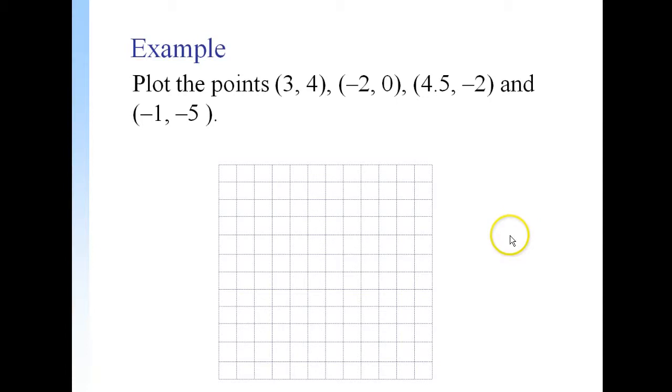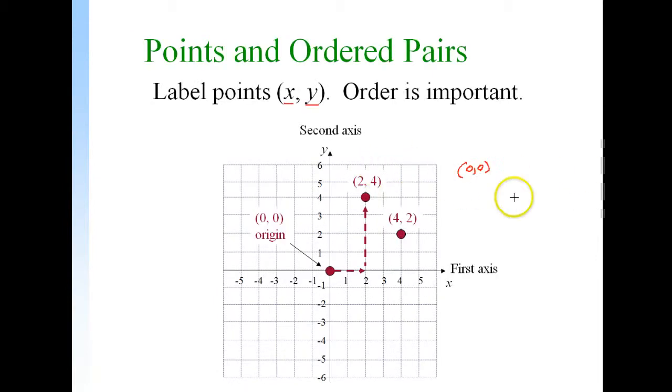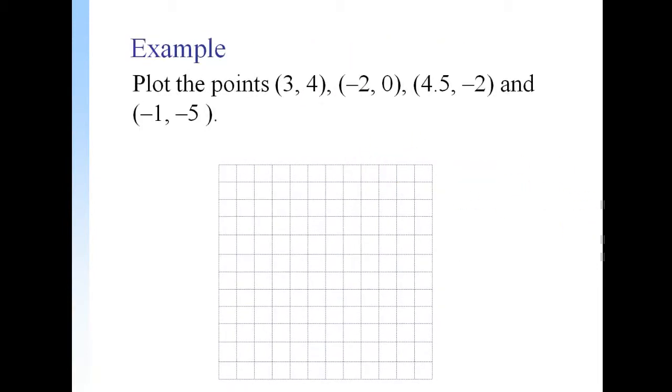So plot these points. Now, they don't really have an x and y axis, so we'll have to put that in first. So this will be our y, and this will be our x.